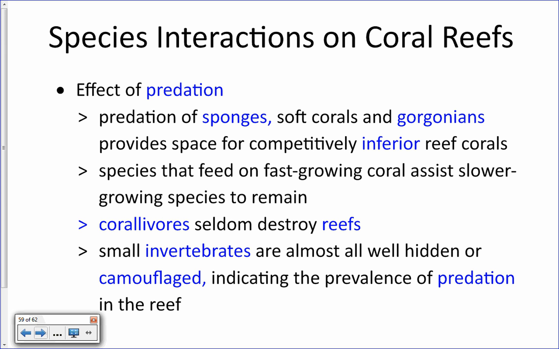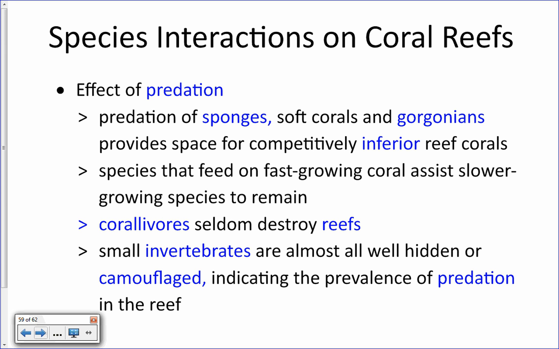Things that eat the sponges and the gorgonians keep those populations in check and allow the reef corals to survive, because they would get overgrown by them. And then the things that eat the faster growing corals, like parrotfish that eat branching corals, slow the growth of the branching corals down, which allows for the big massive corals to survive.